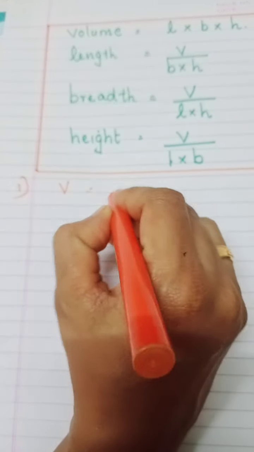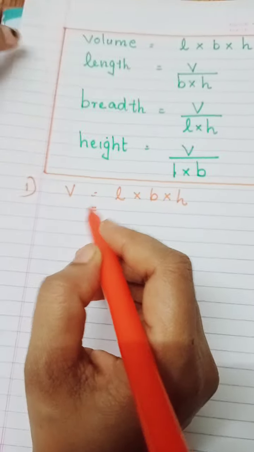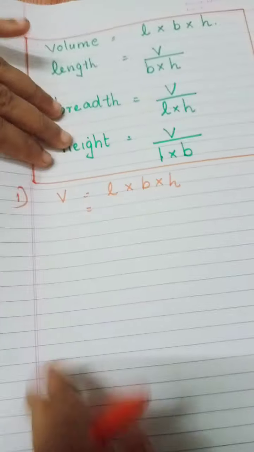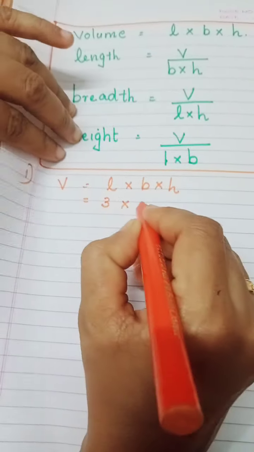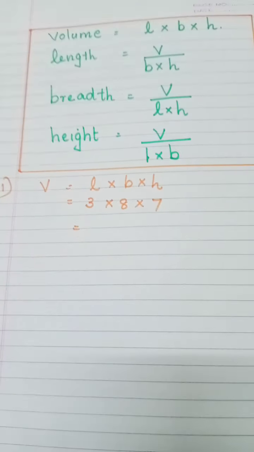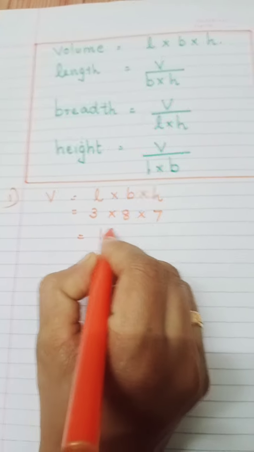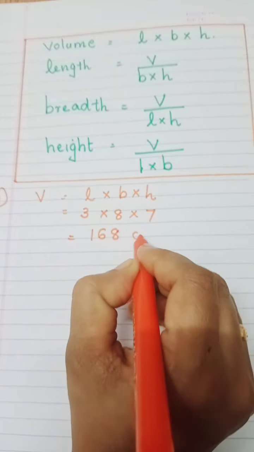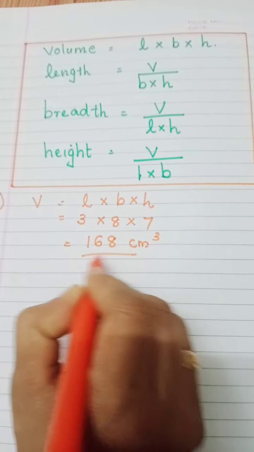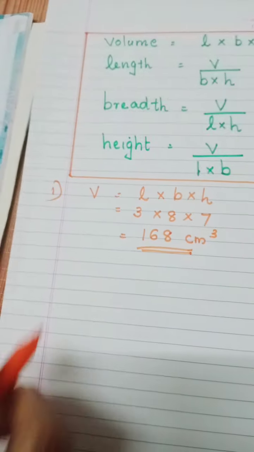Volume is equal to length into breadth into height, that is equal to 3 multiplied by 8 and 7. So when you multiply, you will get the answer as 168 centimeter cube.